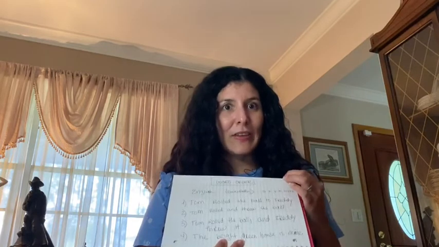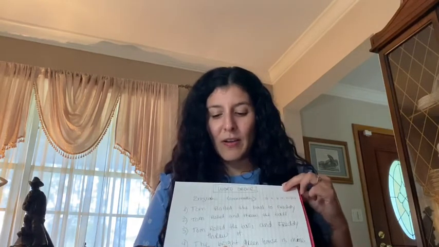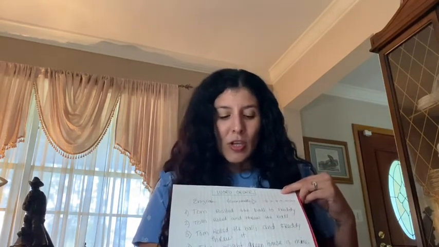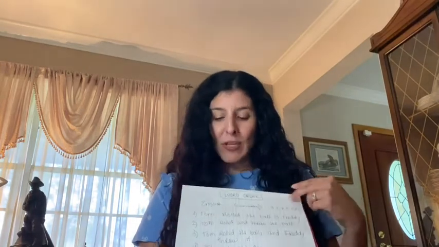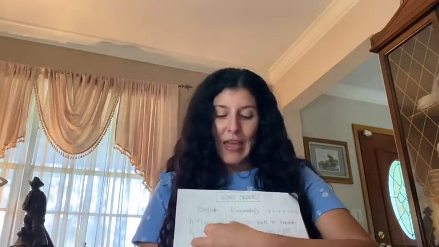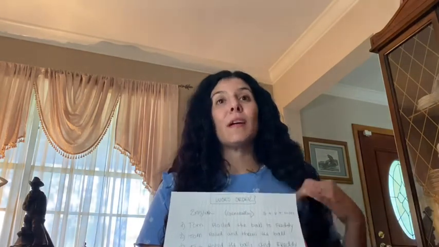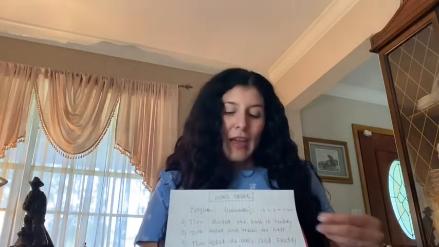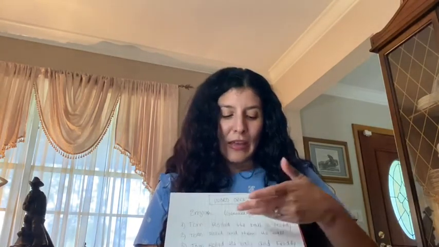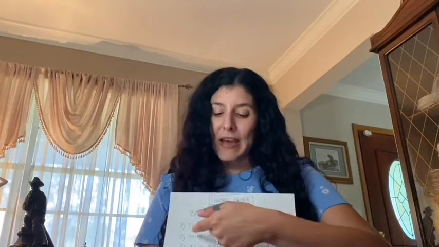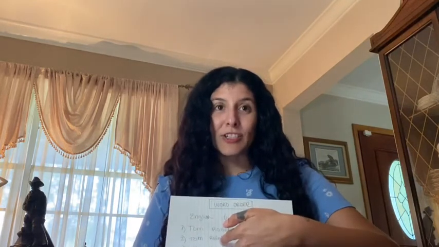Now, if we look at these simple sentences that I've given as examples here, let's break each one apart. Tom rolled the ball to Freddie. So here we have a subject, Tom, and then we have him doing an action, that's rolling, and then we have the ball to Freddie, which would be considered the complement in this sentence. Then we have Tom rolled and threw the ball. Here we have one subject, but 2 actions.